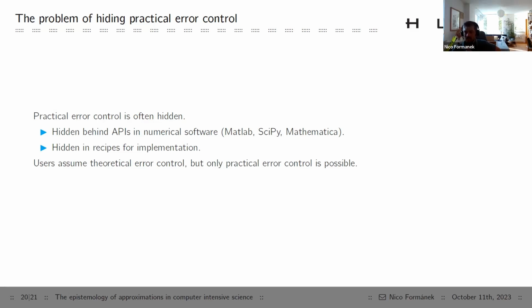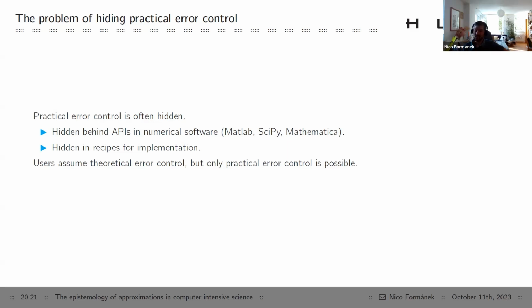It's also sometimes just hidden in recipes for implementation. Yeah, if you want to implement a numerical approach yourself, you're probably not going to invent a whole new algorithm. You will look in the book Numerical Recipes for C or whatever, and it will tell you, well, for solving a certain kind of differential equation, you maybe can use this type of Runge-Kutta, which has this type of optimization and will work well on this and this kind of problems. And then you forget about it, right?